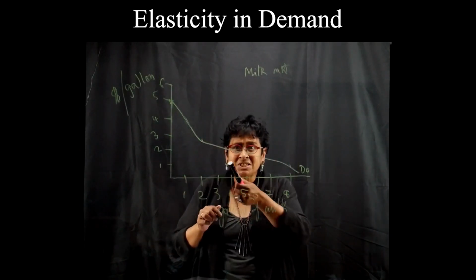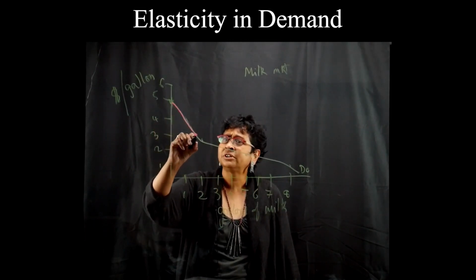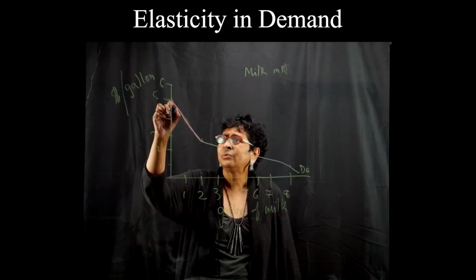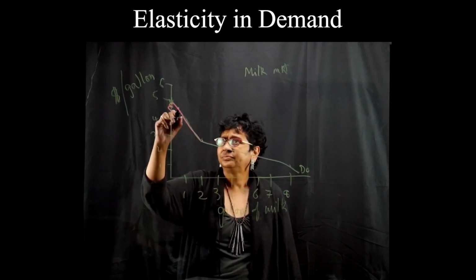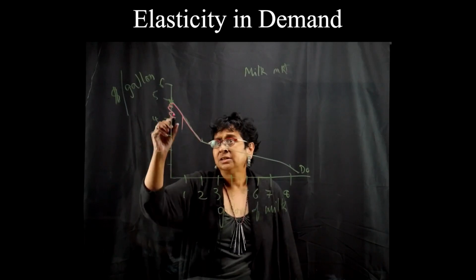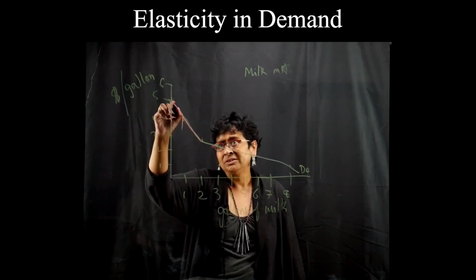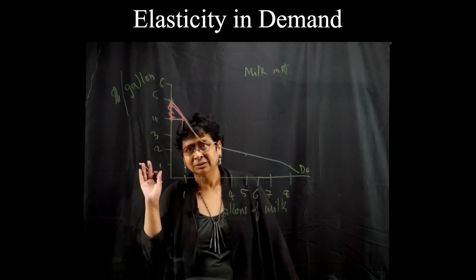So in this specific curve, take a look at what's happening here. In this region of the curve, when my price drops by $1, my quantity increases, but it increases by only 1.